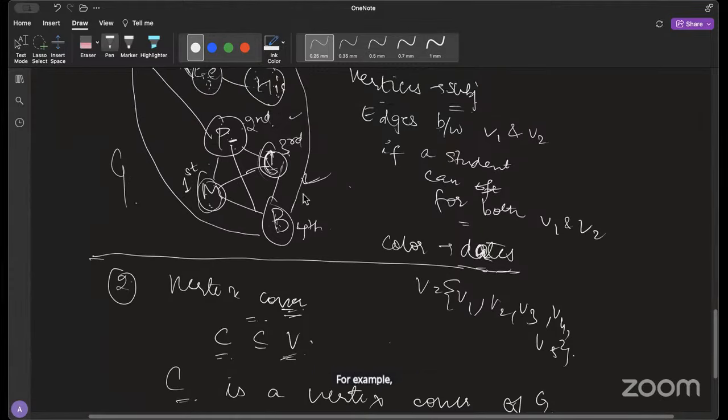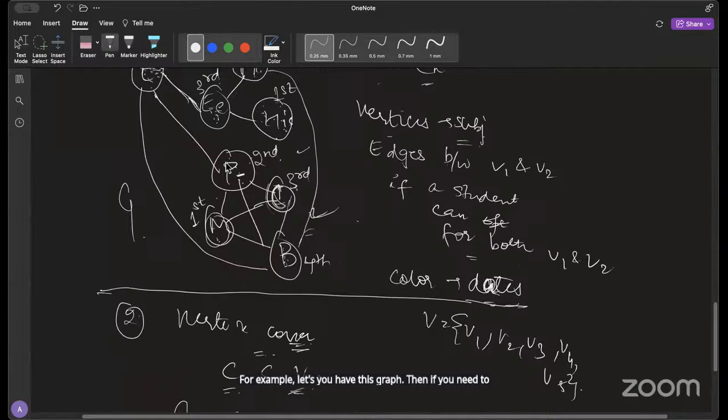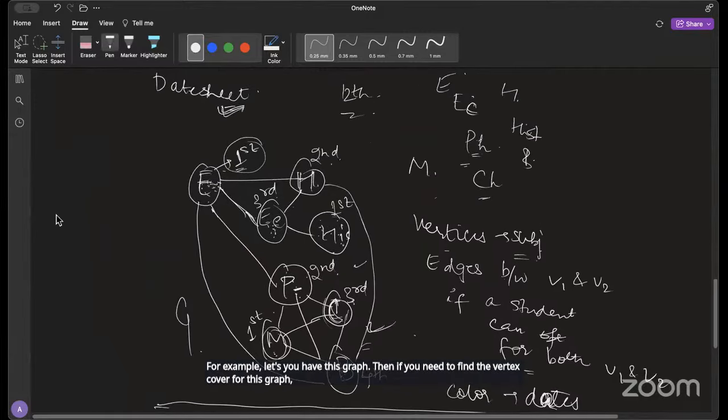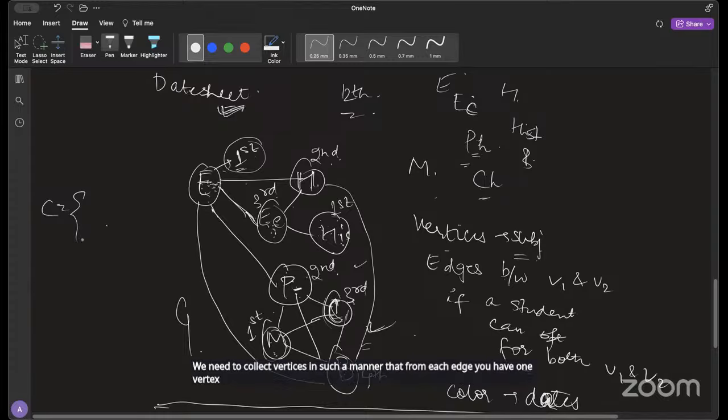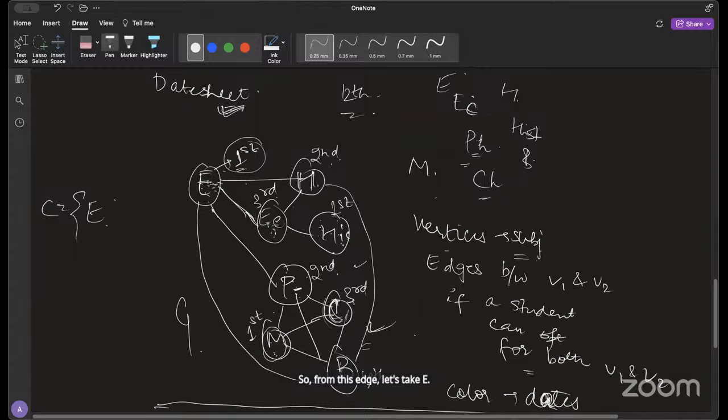For example, let's say you have this graph. If you need to find the vertex cover for this graph, let's start from this edge. What's our aim? We need to collect vertices in such a manner that from each edge you have one vertex in this cover. So from this edge, let's take E. From this edge also you have E, so you don't need to consider the second edge.